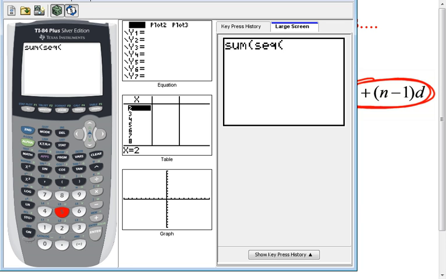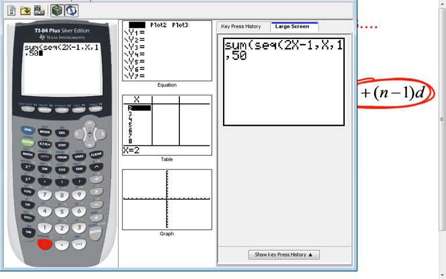I will put my formula in, which in this case was 2n. I'm going to use x minus 1, comma, x, comma, my lower number, or the first term that I'm going to start summing. I'm starting with the first term, and I'm going to add all the terms up to the 50th term.